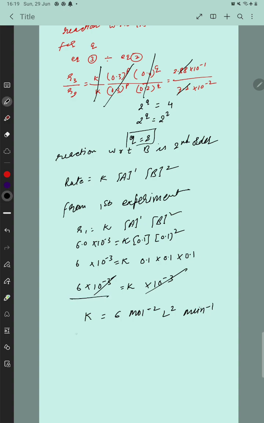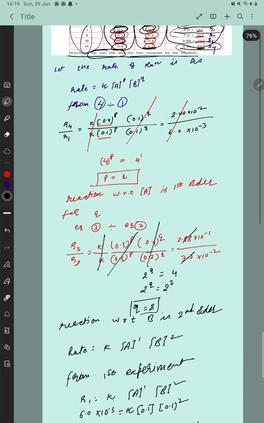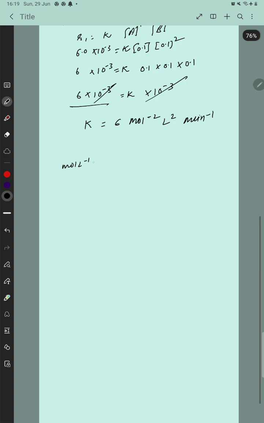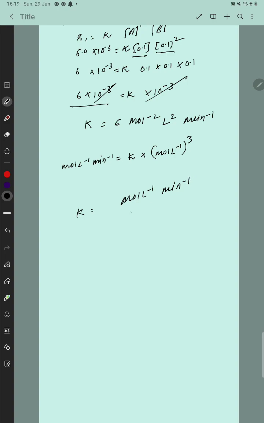Because here the unit of concentration is mole per liter, and the rate is mole per liter per minute, which is equal to K times mole per liter power 3, because here it is 1 and this is 2. So K is equal to mole per liter per minute divided by mole per liter power 3.